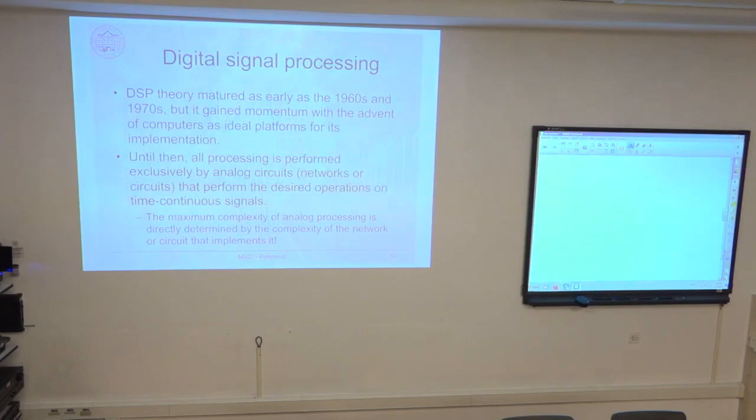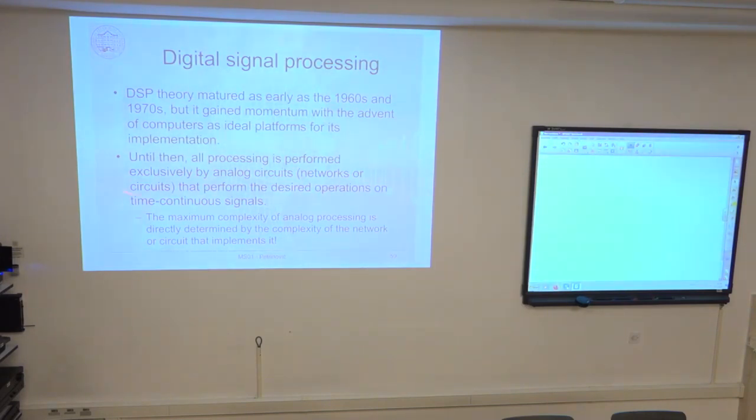And it started as soon as we had computers where we could perform this kind of processing. As soon as the first computers arrived, engineers had the idea, why don't we use computers to do the signal processing instead of using analog circuitry.